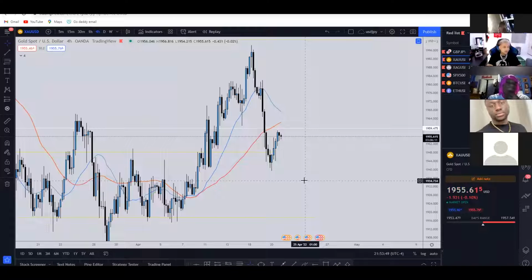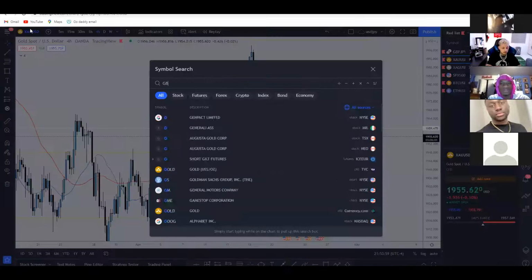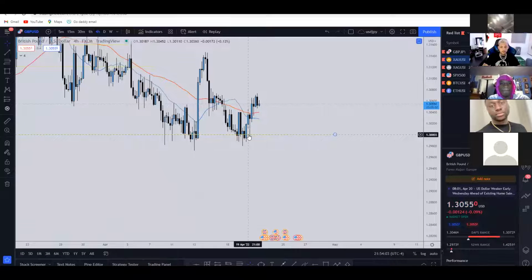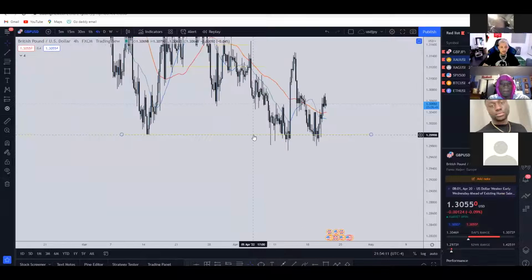So, any other questions? Oh, yeah, Raul. I was looking to take buys on GU from the 1.304 area because I identified that as a 4-hour play area, like a 4-hour level. You get what I'm saying? Because it was support and resistance in the past. Are you talking about here?